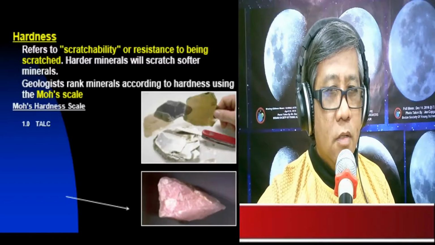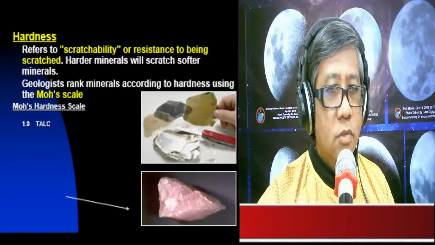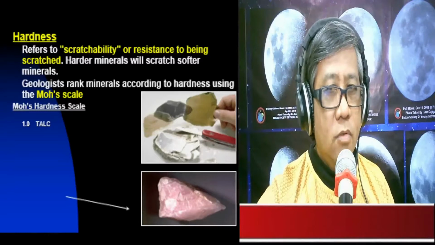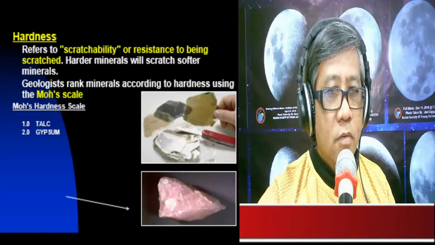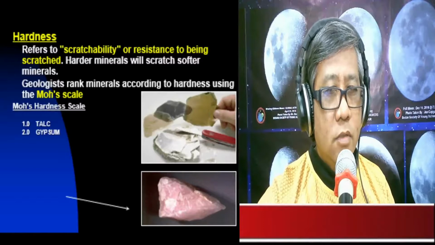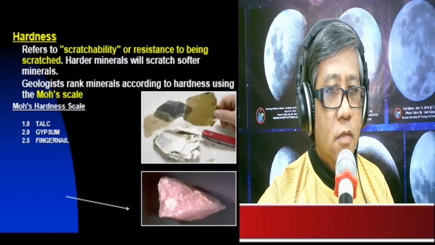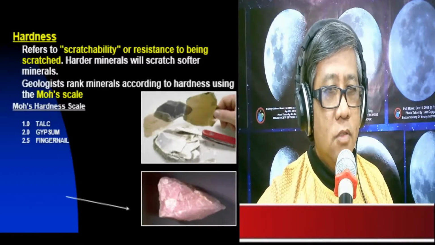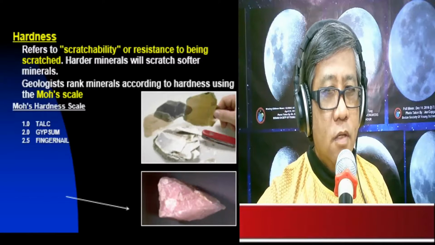So at rank 1, that's talc, and talc is considered the softest of all the minerals. Then we have rank 2.0, that's gypsum. Then 2.5, that's fingernail. So this means that fingernails can scratch gypsum, but gypsum cannot scratch fingernail.